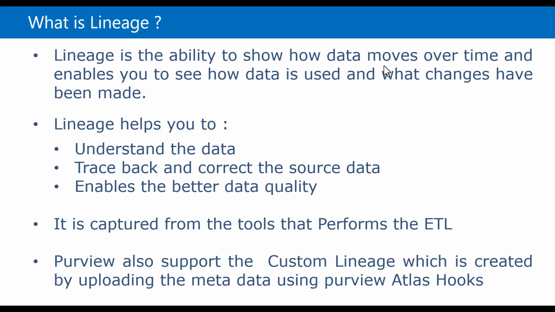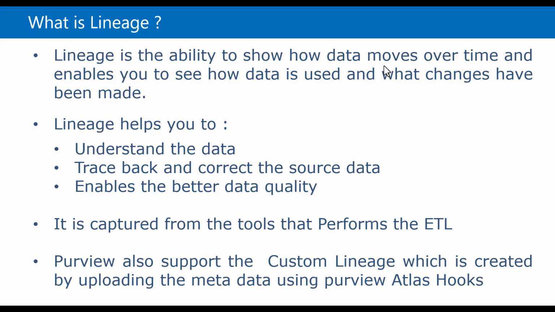Without this you cannot manage the data from the quality perspective. If you don't know the data is originating from this source, what changes happened in the data, and then finally you are getting this data in the destination in this format, if you don't know this whole flow, you cannot manage the quality of the data. So that is why lineage is a very important part of your data quality.